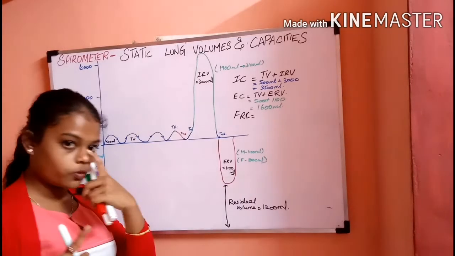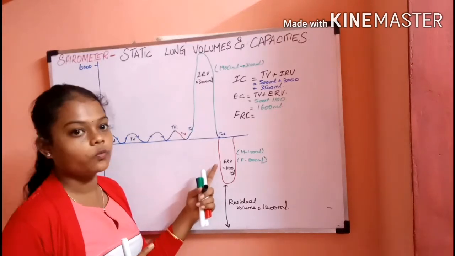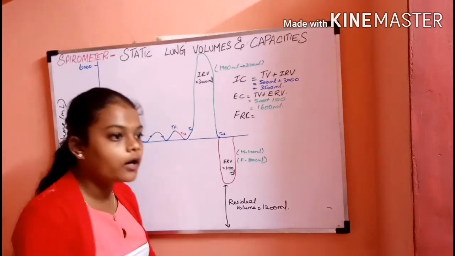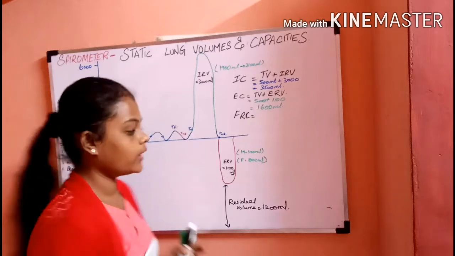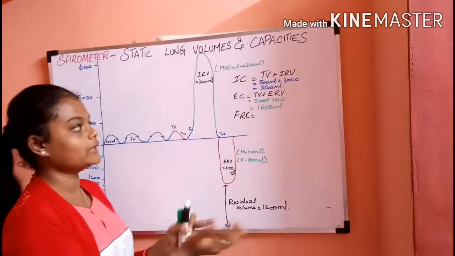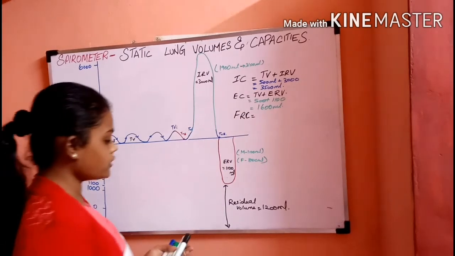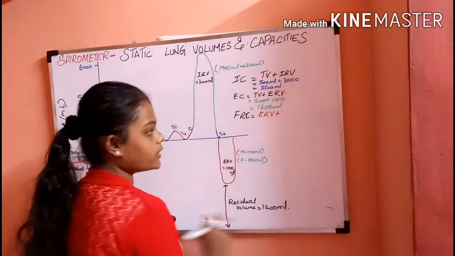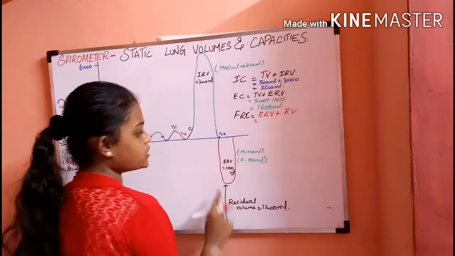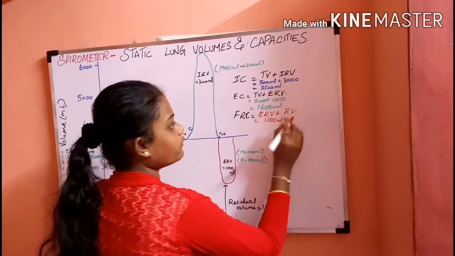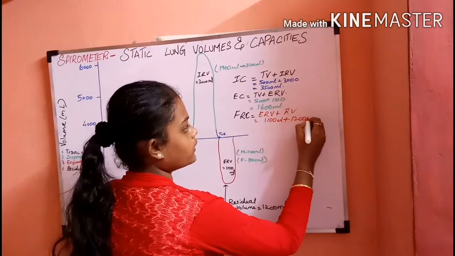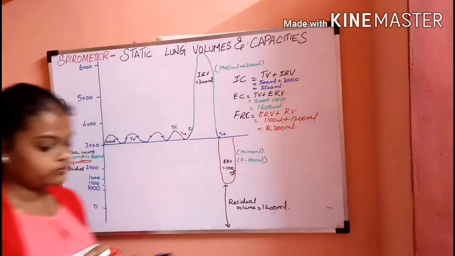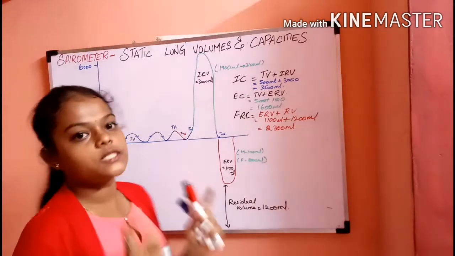What is it? Residual volume and expiratory reserve volume together make the functional residual capacity. After we breathe out as much as we can, forcefully, the part of air remaining in the lungs is 1200 ml, the residual volume. Functional residual capacity equals expiratory reserve volume plus residual volume. So 1100 ml plus 1200 ml, altogether 2300 ml, right? Okay, next the capacity will be VC.